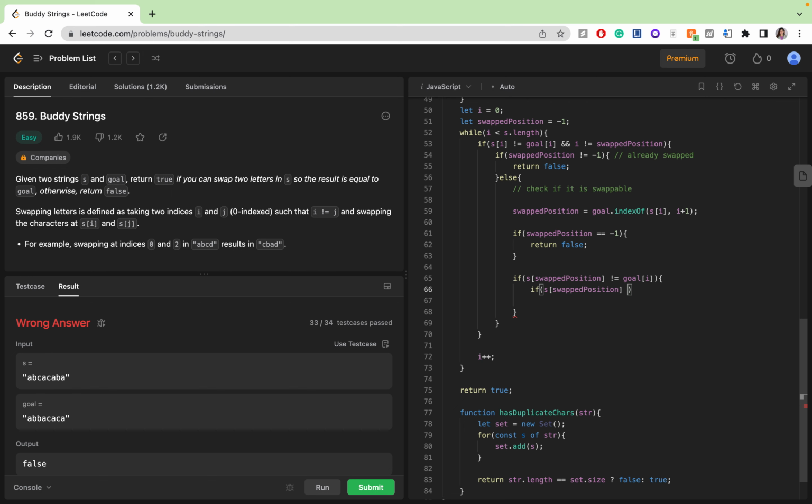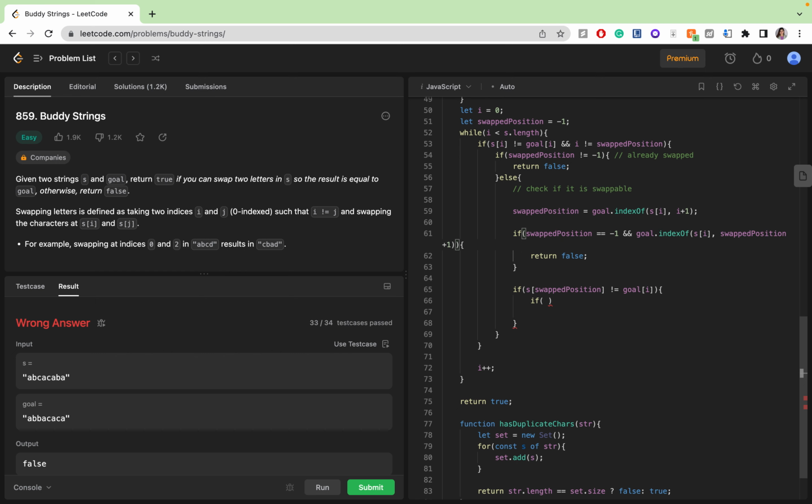If it is not equal, then goal index of Si, comma then return false.